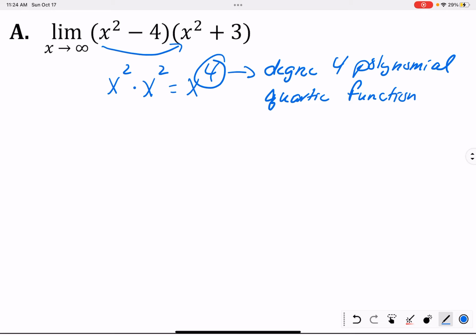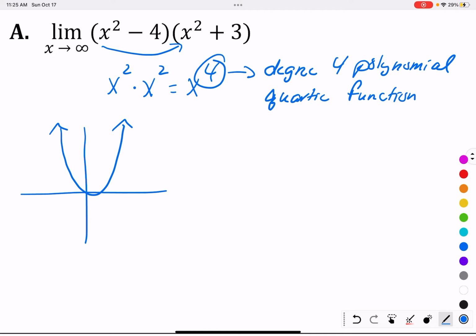All right? So what we need to know about this is that a quartic function is going to basically look something like this. It's going to look like a parabola. Okay, and we know it's going to be shooting up because the leading coefficient is +1. If it was negative, it'd be shooting down. So the two things we need to know is that it's quartic, so it's going to look like a parabola, and it's shooting up.